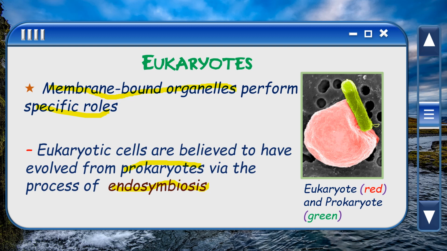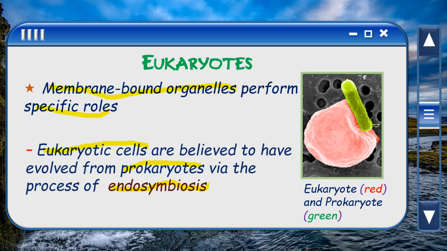This is what is believed: that eukaryotic cells were ancient cells which were invaded by prokaryotes, and those prokaryotes remained inside the eukaryotes and started performing different functions.